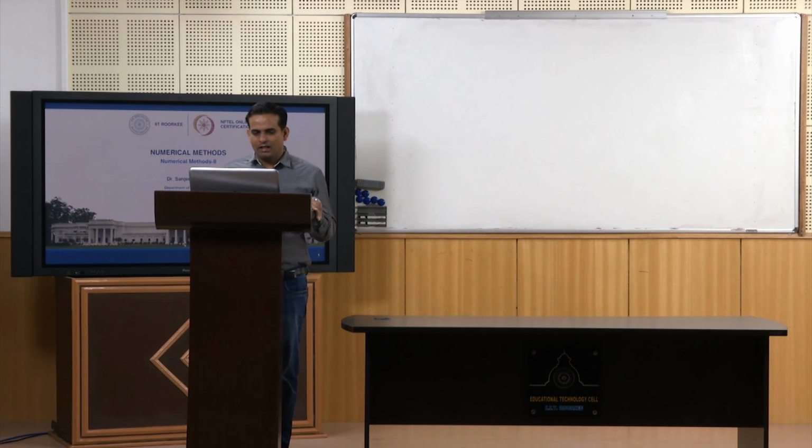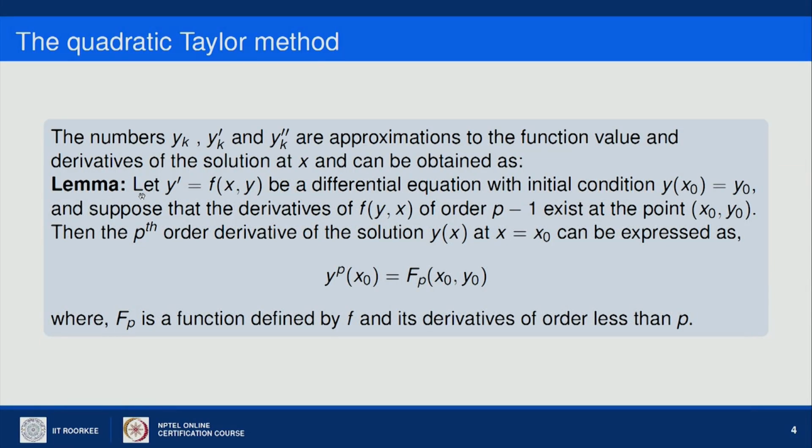For calculating y double prime k we will use this lemma. In this lemma we have that if a function satisfies y prime equals f of x y, that is the given differential equation with initial condition y at x naught equals y naught, and at the same time suppose that the derivative of f of order p minus 1 exists at the point x naught y naught, then the pth order derivative of the solution y of x at x equals x naught can be expressed in terms of capital F p of x naught y naught, where capital F p is a function defined by f and its derivatives of order less than p.